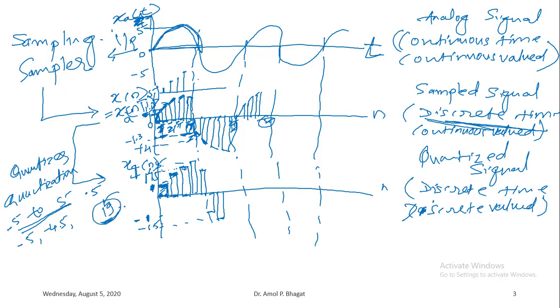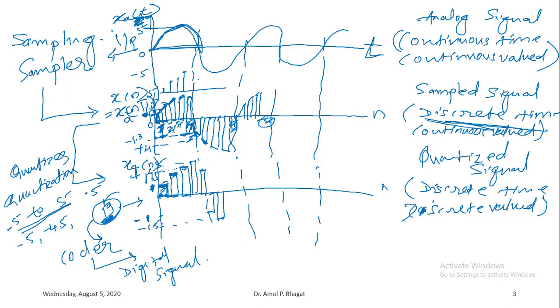So if I'm considering a total of 19 quantization levels in my quantized signal, this quantized signal will be given as an input to the coder to convert it into the actual digital signal. Okay, so the output of this coder is nothing but the digital signal, right? But how will these values be coded?